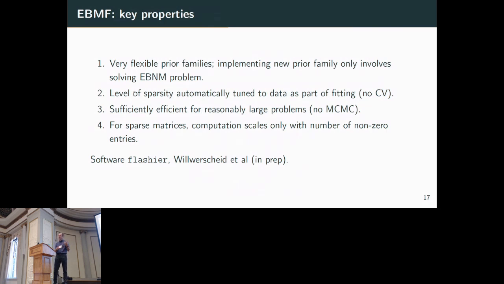When you use sparse priors or potentially sparse prior families, you're learning the level of sparsity automatically from the data as part of the fitting procedure. You might want to contrast that with an alternative approach to inducing sparsity, which is to put penalties on things. Remember, we have a different prior for each L and each F, and that's potentially desirable because some components may be sparser than others, and L may be sparser than F, or F may be sparser than L. We don't necessarily know in advance.